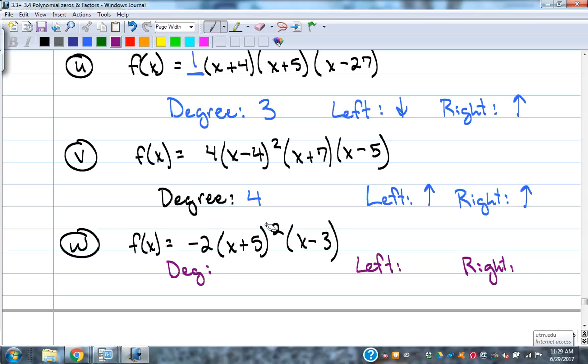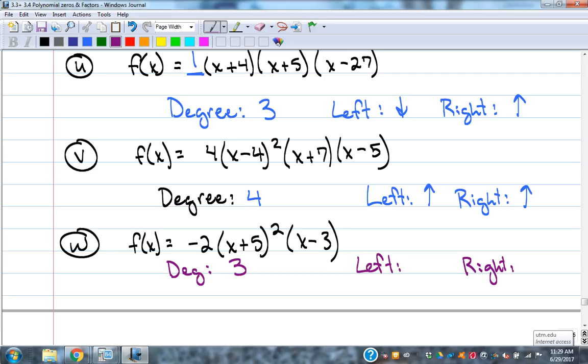We got x squared and x. So that'd be 3, wouldn't it? X squared times x is x to the third. So there's a degree of 3. But the leading coefficient is negative 2. So what's that do to the left and the right side?